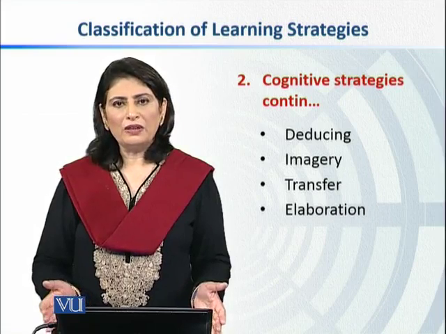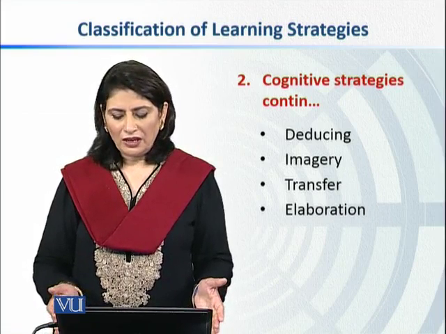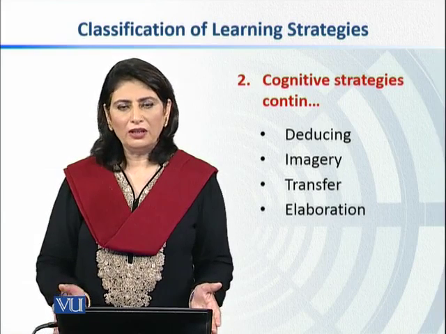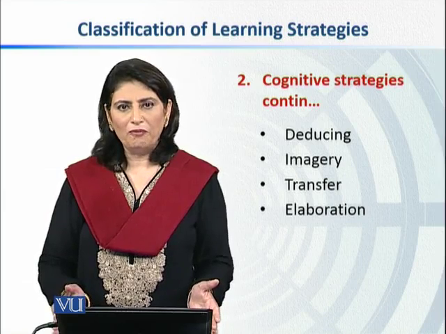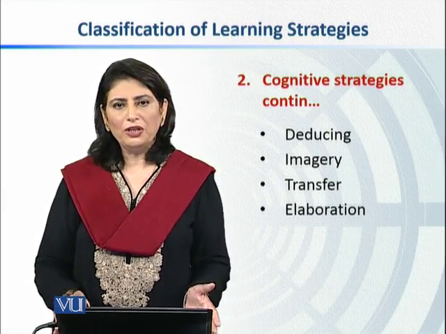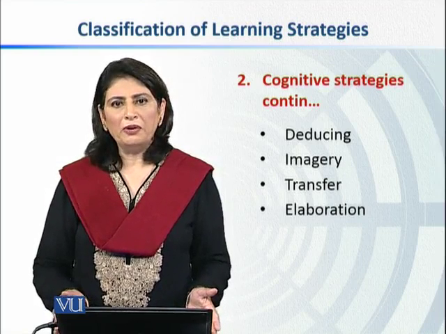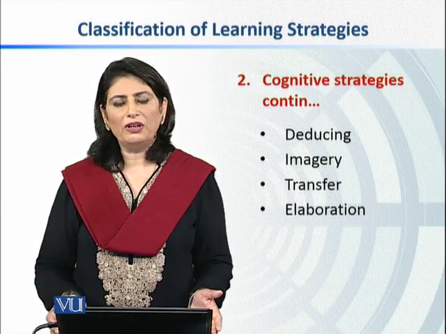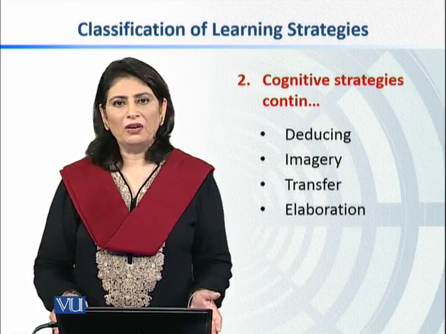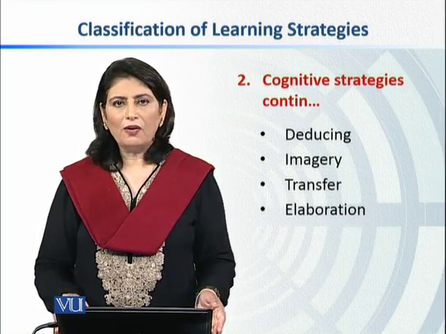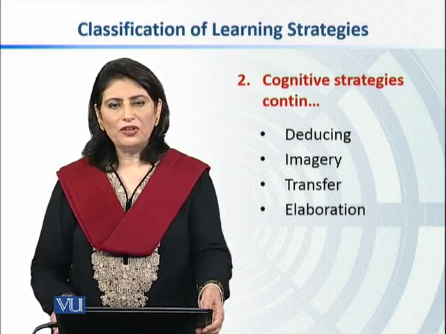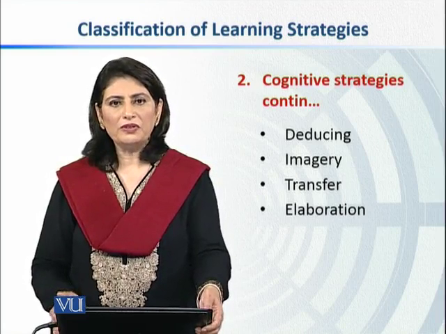They can use some sort of imagery. They can think of transferring the knowledge or the rule from one type of information to some other type of information, or elaborate it in their notes with their own examples. These are all cognitive strategies helping the learning process itself.